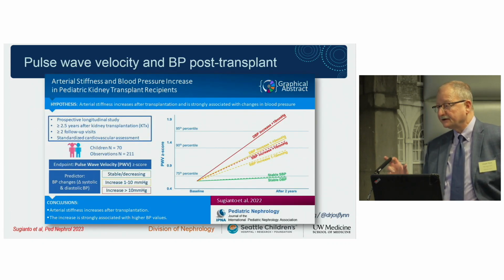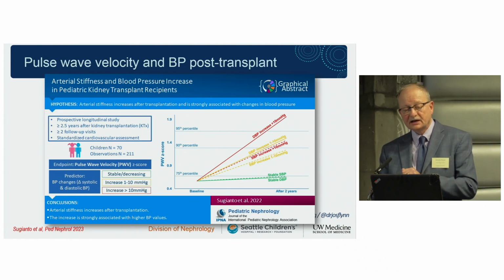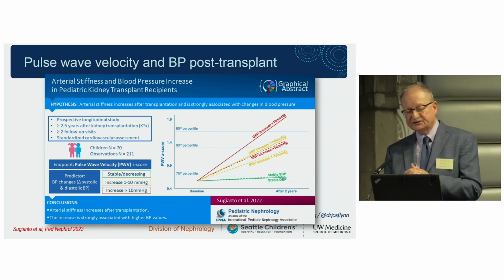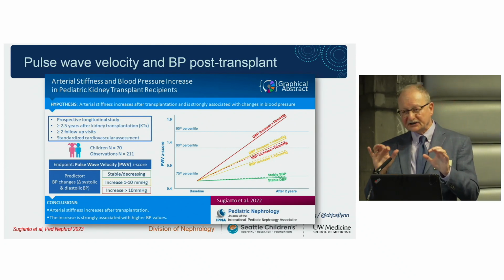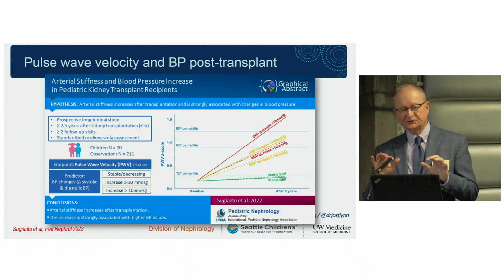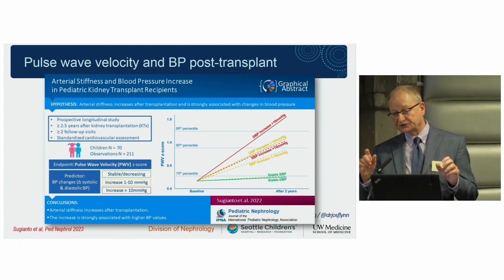And this was a very recent paper we published in the journal that I thought was really interesting because they looked at vascular stiffness. Now, vascular stiffness is a very interesting problem because I think it's one of the initiating factors in target organ damage.